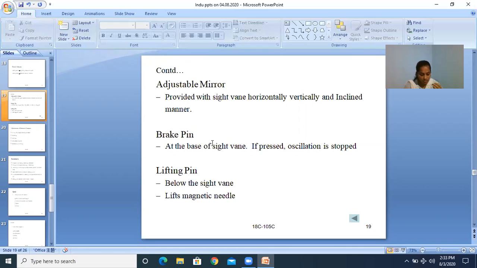So these are the main parts of the compass. By knowing the functions of the parts, you can easily handle the instrument called the compass and do the work in the field. Is it okay? Is it clear? Right. Mainly, I think 8 parts are there.